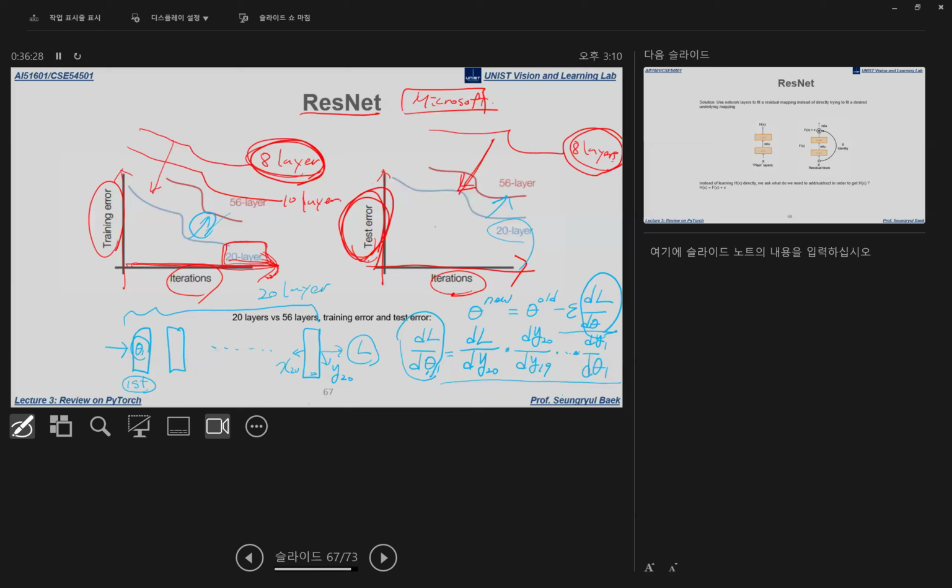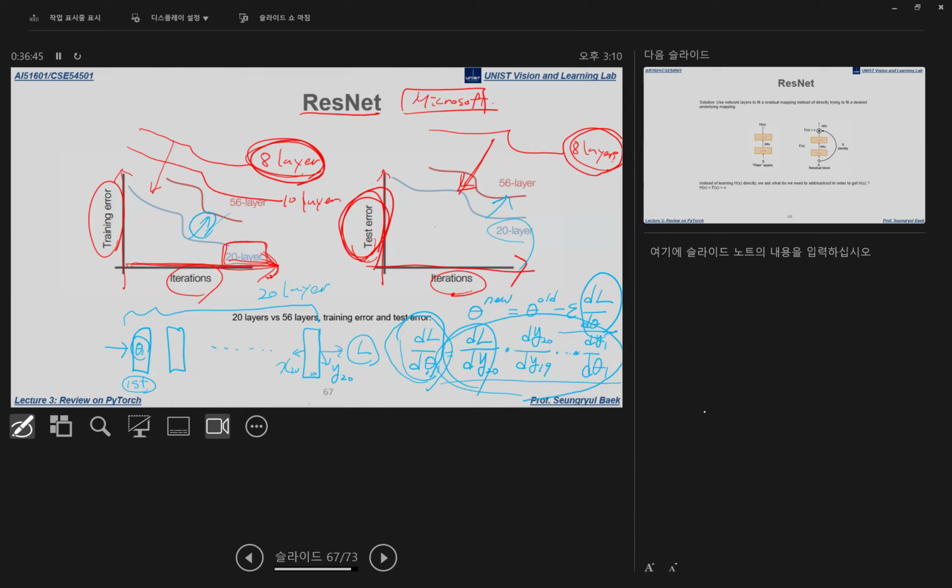Are you guys following this? So to calculate dL/dθ1, which is the differentiation of the last loss with respect to the first layer's parameter θ1, we have to calculate multiple gradients, okay?